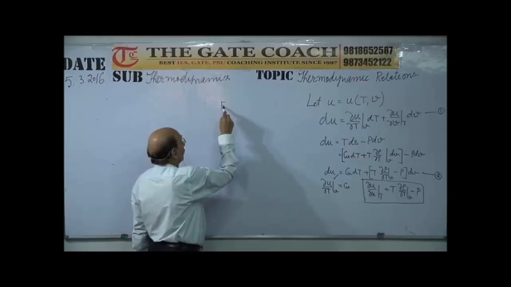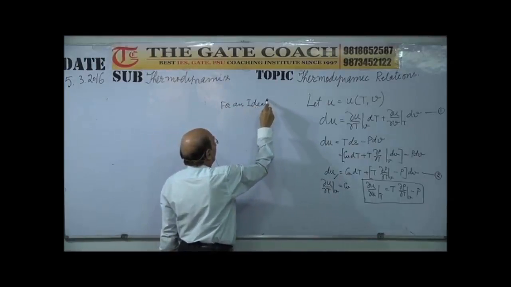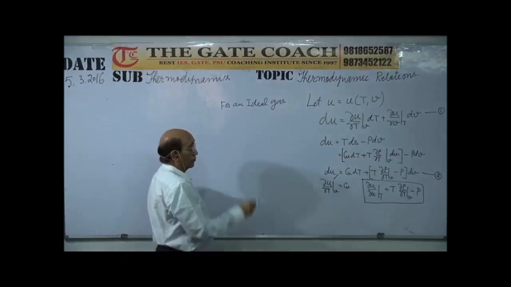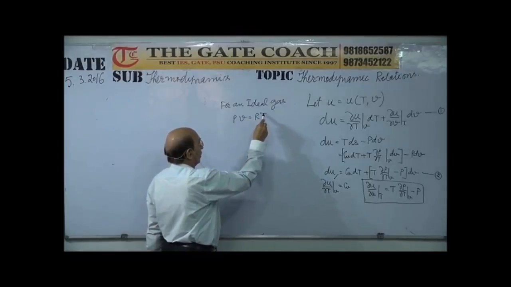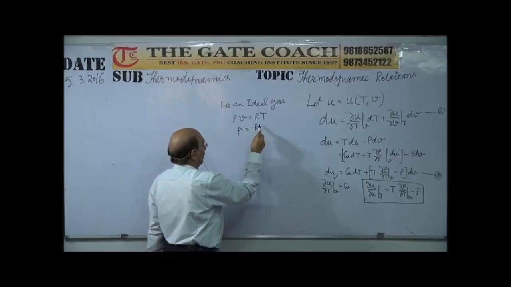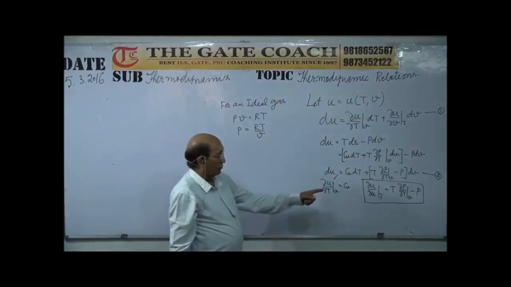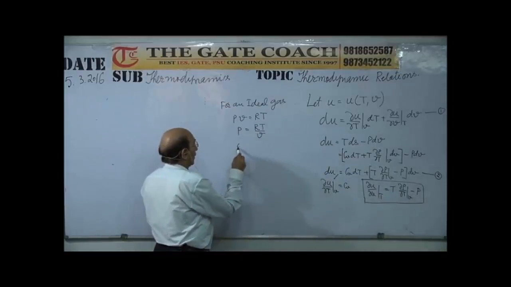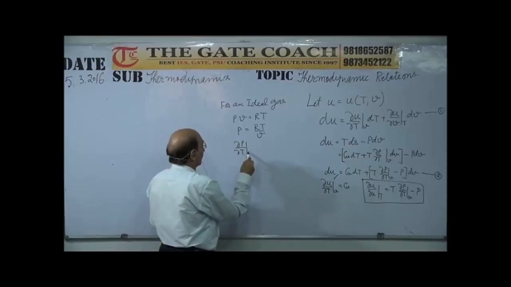Now, for an ideal gas, PV is equal to RT, P is equal to RT upon V. Why am I writing like this? Because I want del P by del T at constant volume.